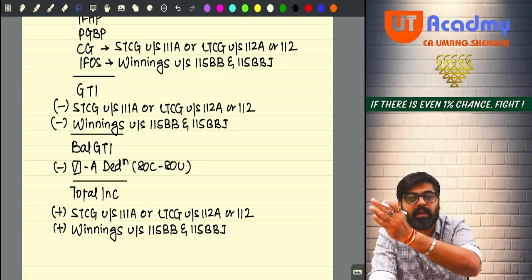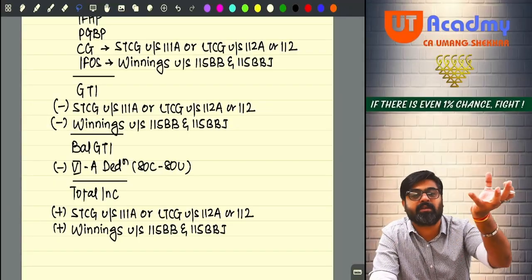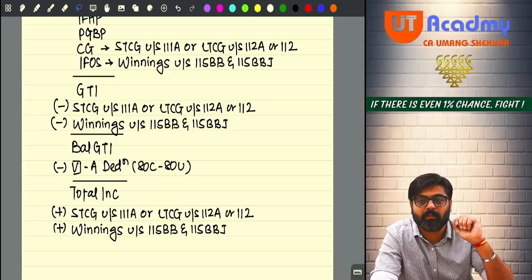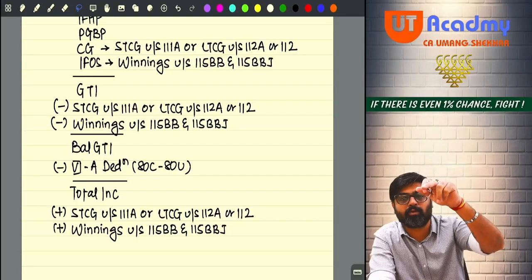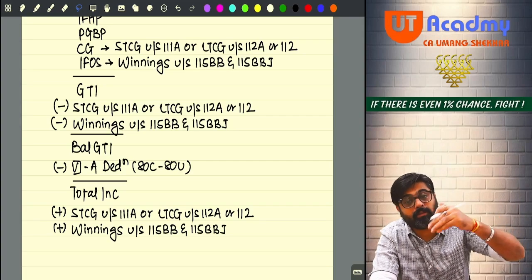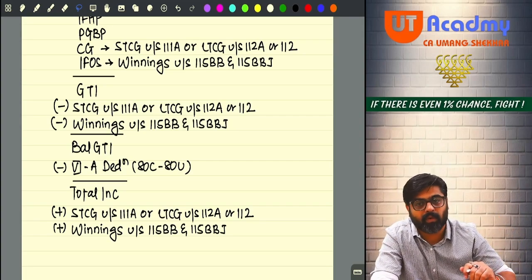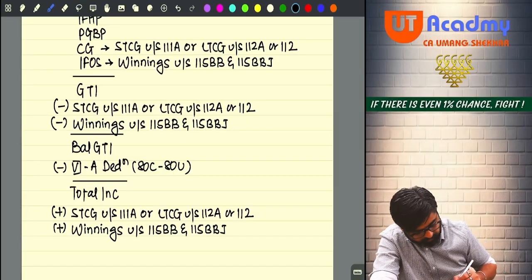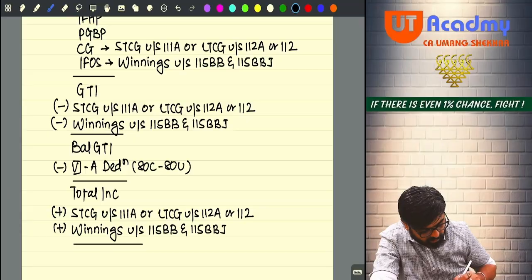You have eliminated them just to claim Chapter 6A deduction from the balance income because it is available only from the balance income. But that does not mean that you are not going to show these incomes in the computation of your total income. In the total income, you are supposed to again add them. Okay, got it? Now a final total will come. That final total will be your total income.